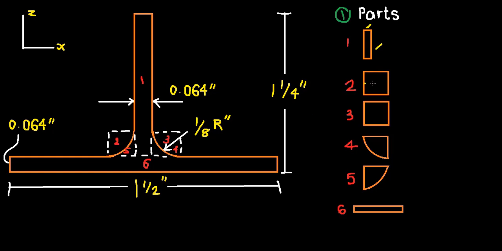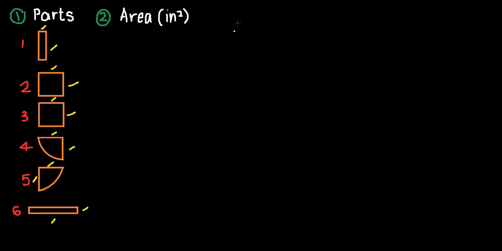Now for our squares, it's simply the same length as our radius, the radius given here. So we have all our lengths. Now for our last shape, we're given its length, which is 1 1/2, and we're given its width, which is 0.064. So now that we've completed that, let's proceed to the second step, which is our area.